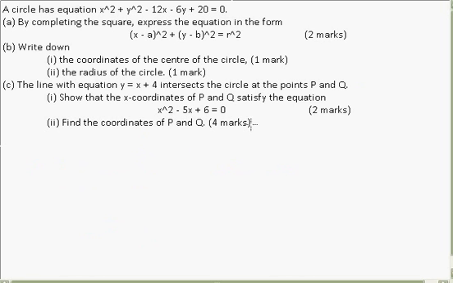Okay, so the final part is this. We're going to be given 4 marks for being able to find the coordinates of P and Q. So once again, to find P and Q here, we've already been given all the information in the question. We didn't need to have done the previous sections. Okay, so any slip-ups along the way, we're not going to be penalised for them because we've been given the information already.